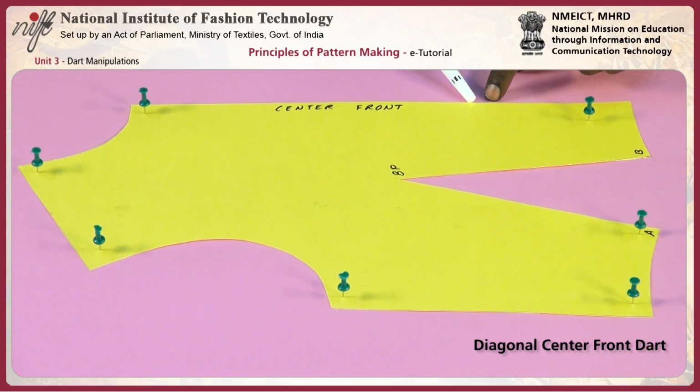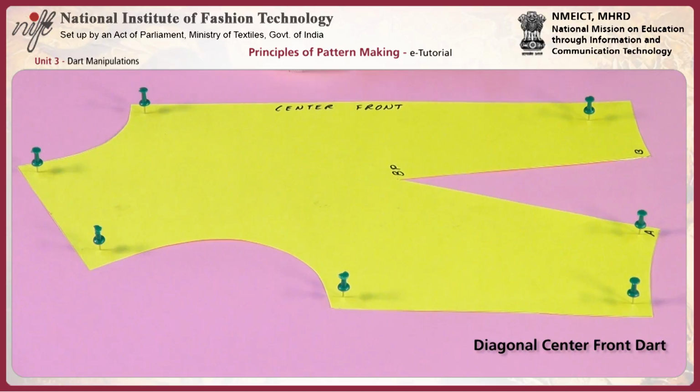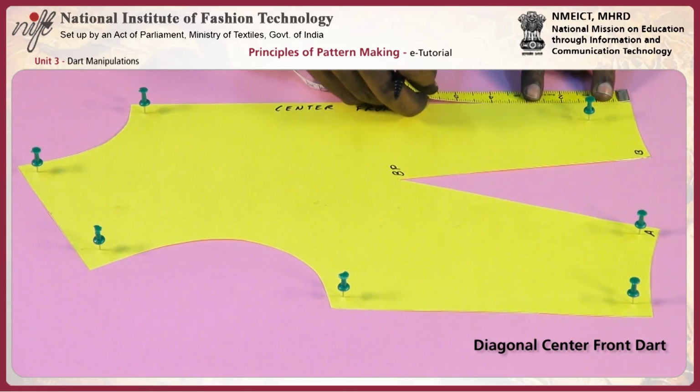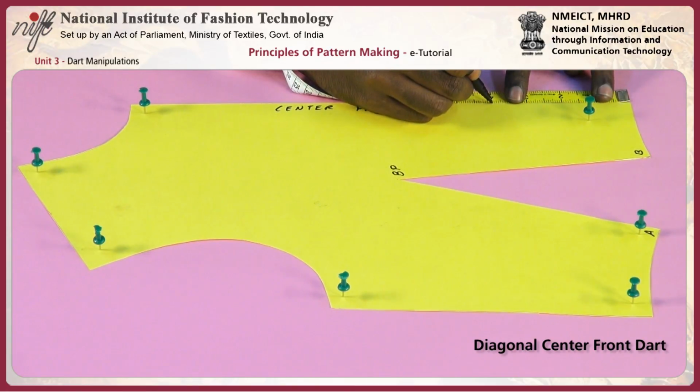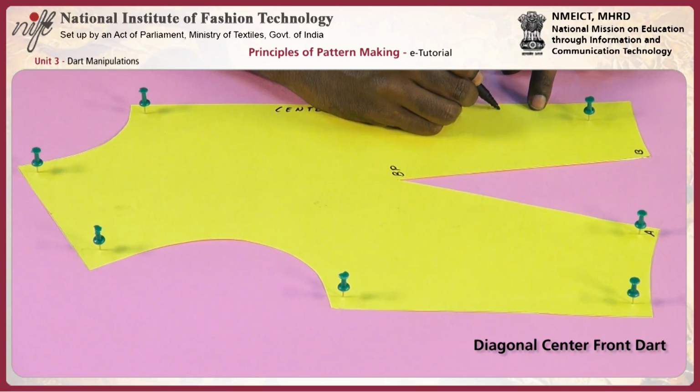Decide where you want the center front dart and mark C. I want it diagonally from bottom, so I am marking 4 inches from the waistline and I am marking C.